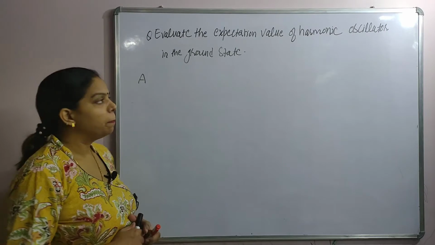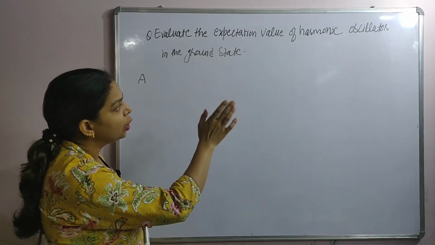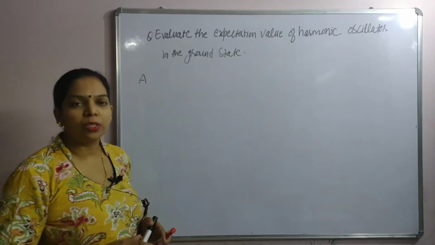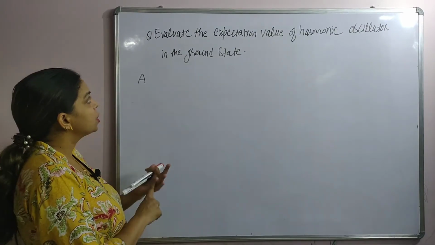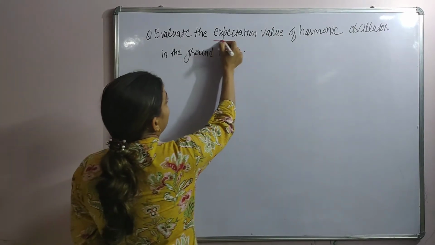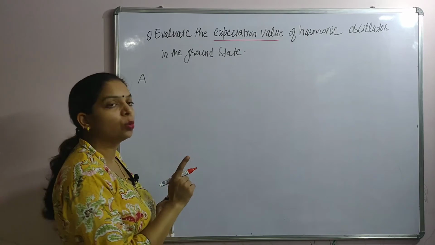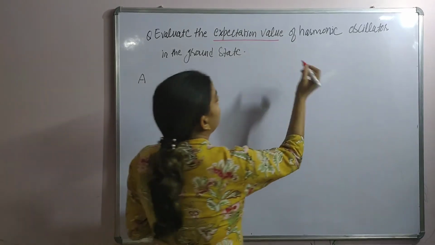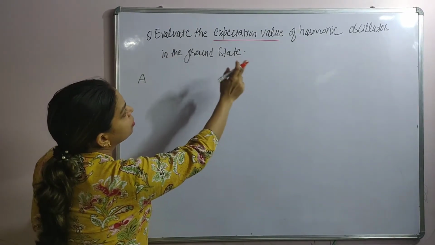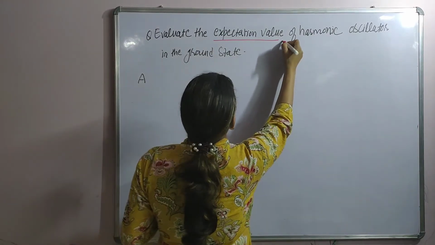Let's see one example. We have to evaluate the expectation value of the harmonic oscillator in the ground state. For this question we must know what is expectation value, which is the average value. It means we have to find out the average value of kinetic energy. Sorry, the question is incomplete.